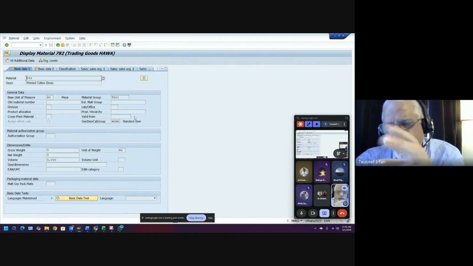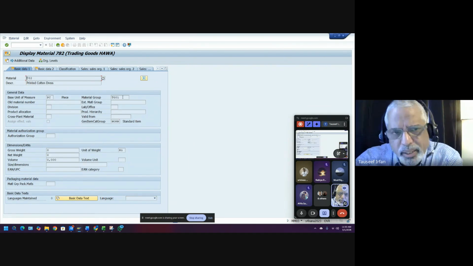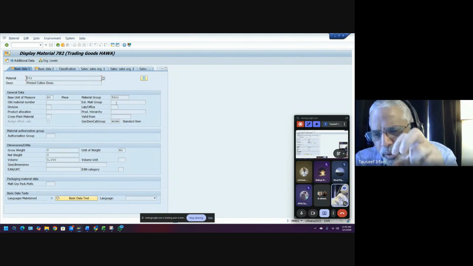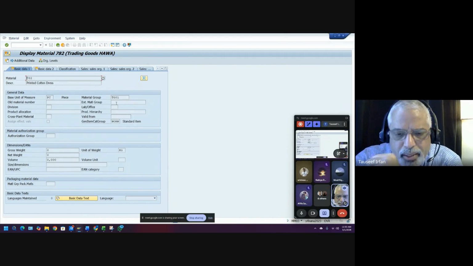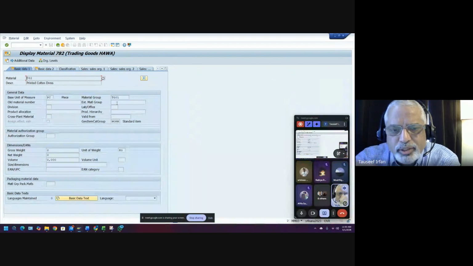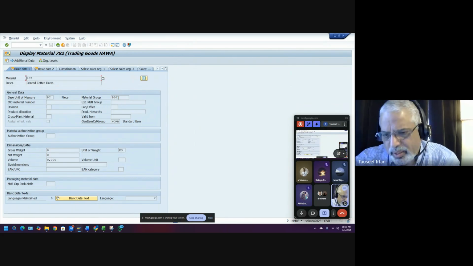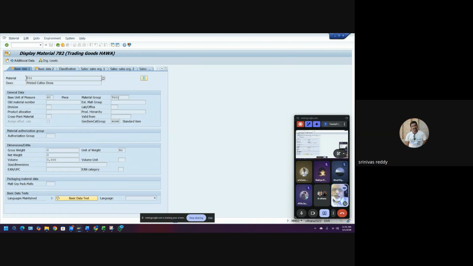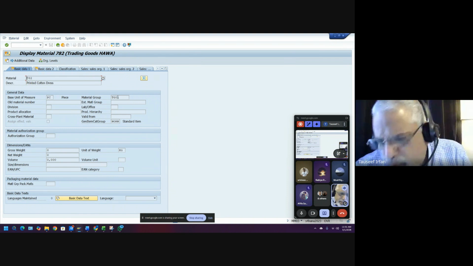Like in the pharmacy side, these are my nutraceuticals, this is my headache items, this is my fever item. You can group them, even in pharmacy. So wherever you do the grouping, you can do it in the material group.